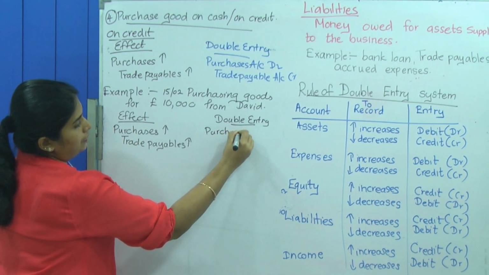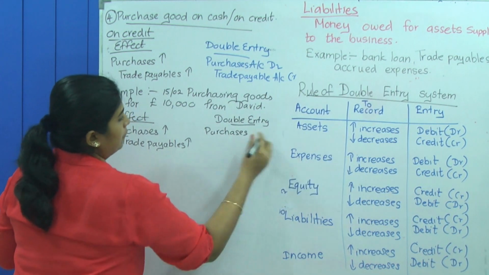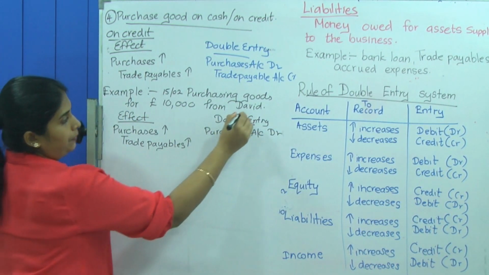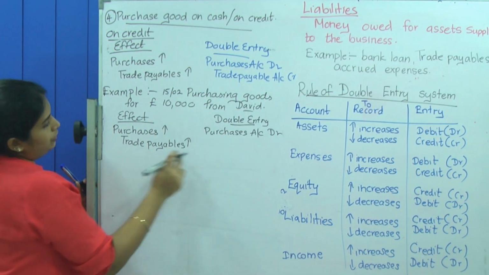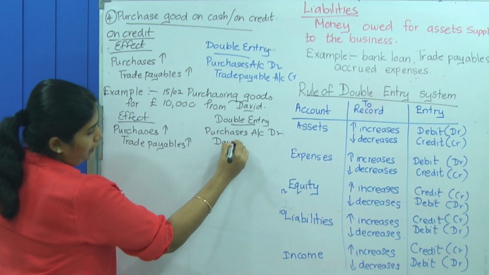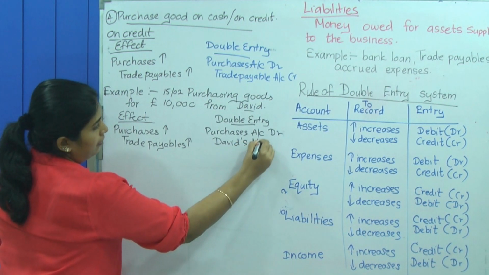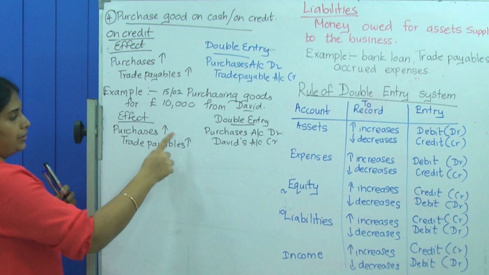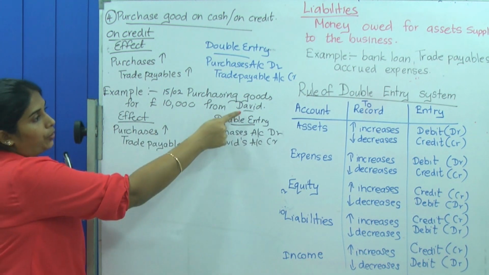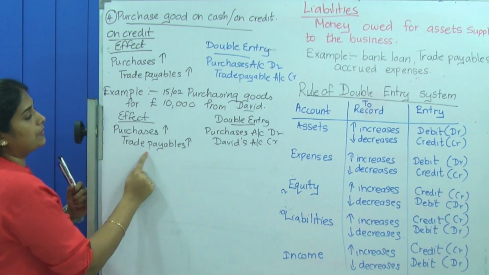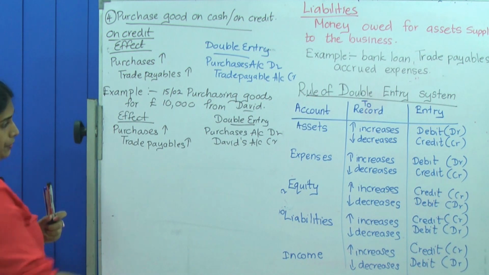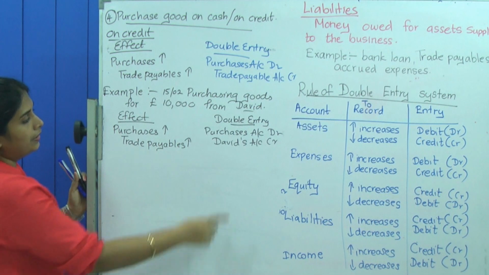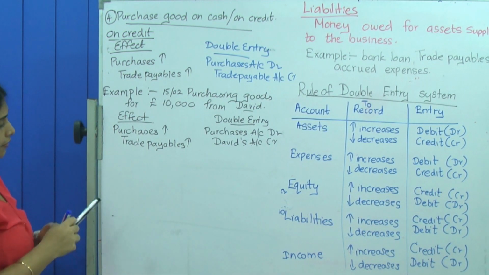So when expenses increase, it will be recorded on the debit side of the account. Trade payable, that means David is a trade payable. So we have the name, so David's account will be credited. So when you purchase on credit, purchases increase and the person from whom you are purchasing becomes a trade payable. So here according to this example, David becomes a trade payable, so David's account will be credited.